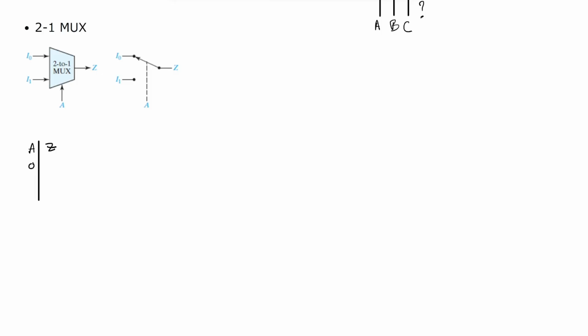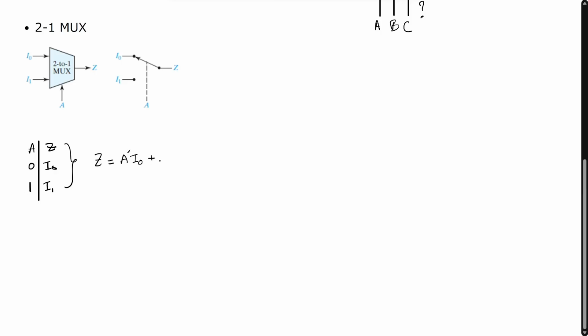A could be 0 and could be 1. If A is 0, we will pass I0 to the output. If A is 1, we will output I1 to the output. So from here we can conclude that Z is equal to, since A is 0, A bar or A prime multiplied by I0 plus, from this row here, A is 1, so A multiplied by I1.